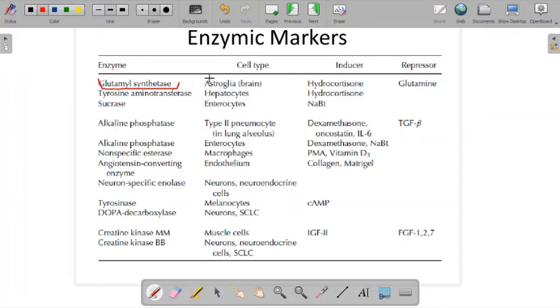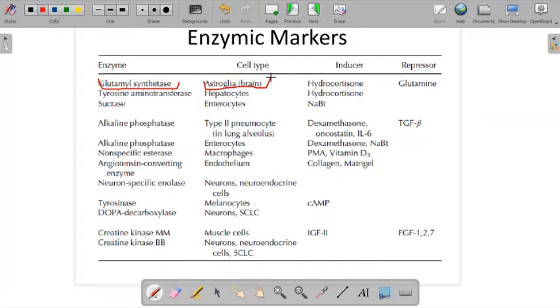Now, in which cell line is this enzyme produced in a high amount? The cell lines are the astroglia, or astrocyte cells, present in neural cell lines or neural development, in the brain. And the best inducer for that enzyme is hydrocortisone. You must have heard that hydrocortisone or nicotinic acid, these cortisol-related factors, are enhancers of our neural capabilities.